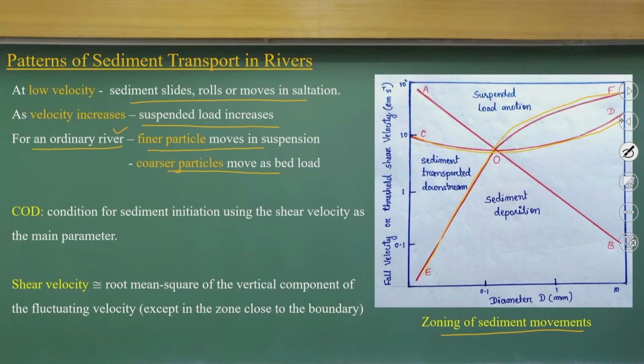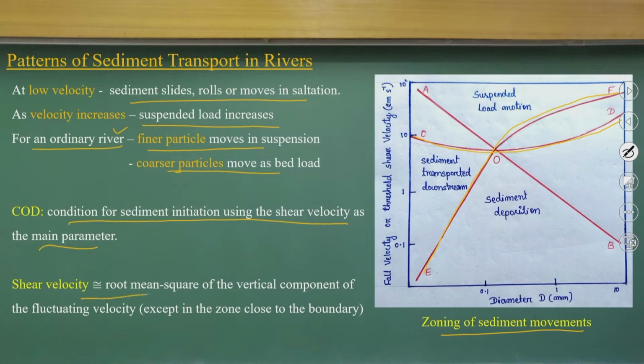So, these two curves indicate different regions. For example, COD is the condition of sediment initiation using shear velocity, that means incipient motion. More detail we will discuss in the Shields curve.